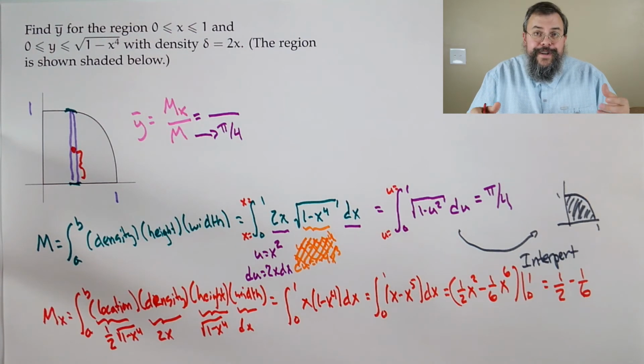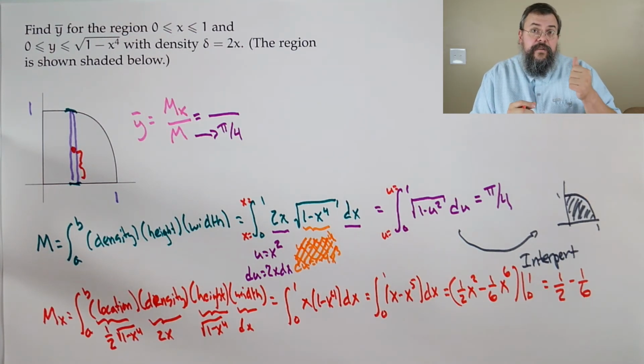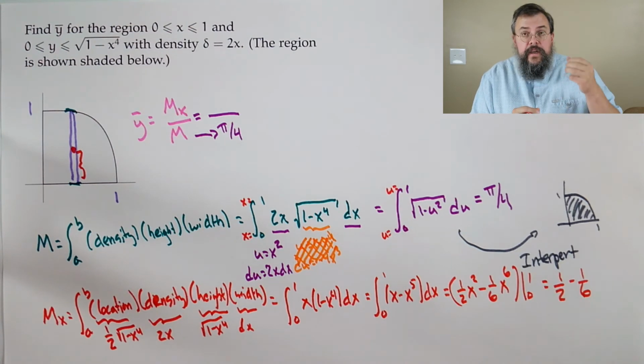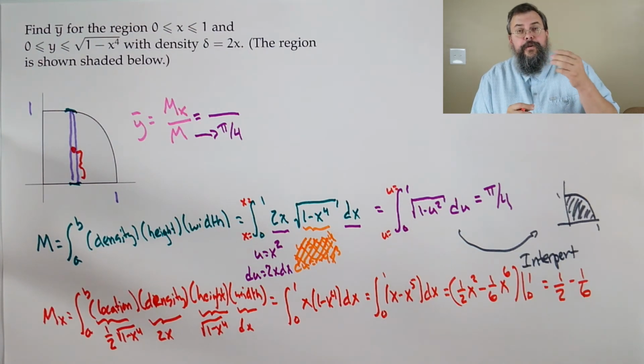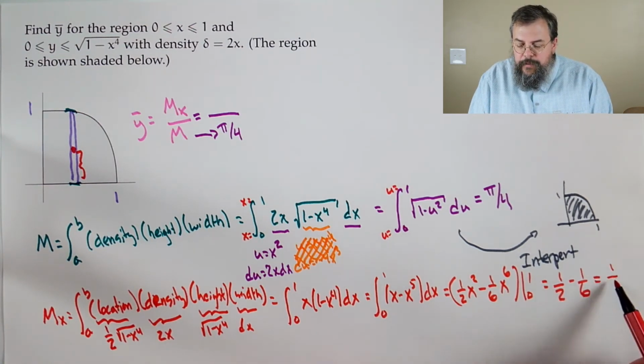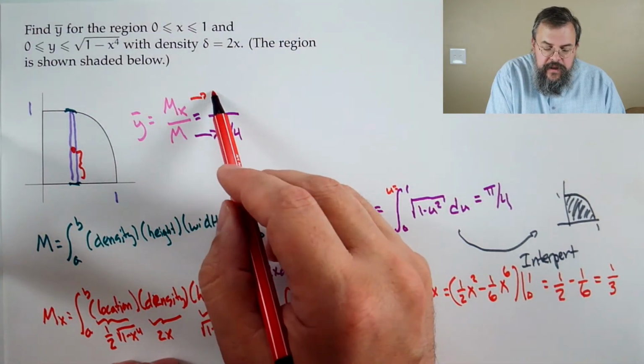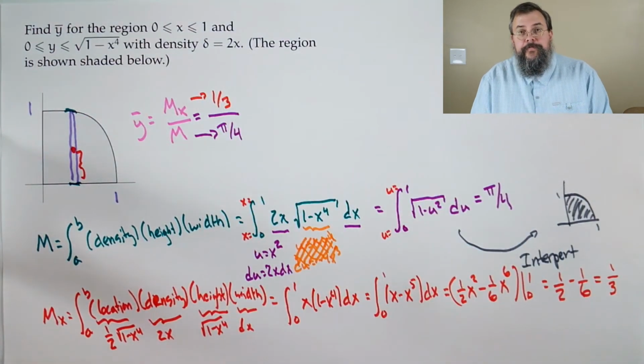It's easy to plug in 1, even easier to plug in 0. Now, 1/2 is the same as 3/6. So 3 over 6 minus 1 over 6 leaves us with 2 over 6, also known as 1/3. So our moment is 1/3.